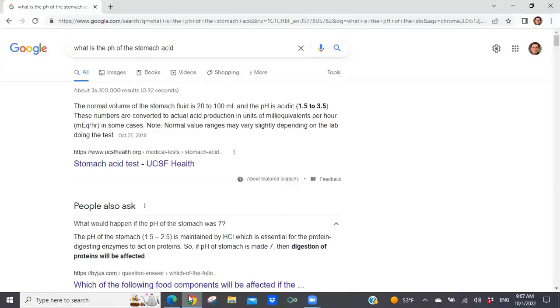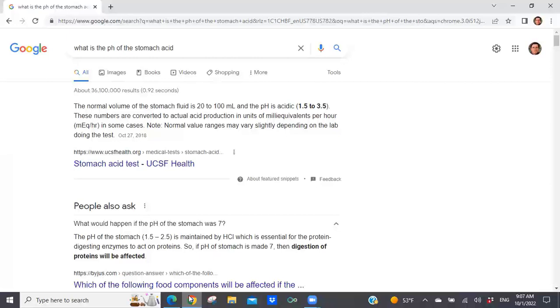And as you can see on this question that people ask, what would happen if the pH of the stomach was 7? It's important to note that the pH of the stomach, 1.5 to 2.5, is maintained by HCl, hydrochloride. And if you remember, sometimes they use hydrochloride as a binding molecule to L-arginine to try and boost its absorption, which is essential for the protein digestive enzymes to act on proteins, which means that the lower the number for your stomach acid, the easier it is going to be for you to break down protein.